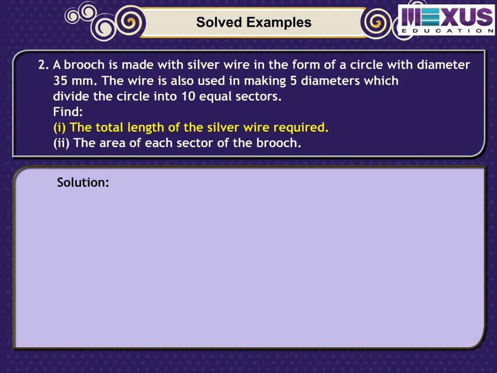First, we will solve the total length of wire required. Now, in this, we need to find the circumference, which is equal to 2 pi r. We know 2r is equal to the diameter, and the diameter given here is 35 millimeters. So, we will substitute 35 millimeters in place of 2r, which will equal 35 pi, and the value of pi taken as 22 by 7, which is equal to 110 millimeters.